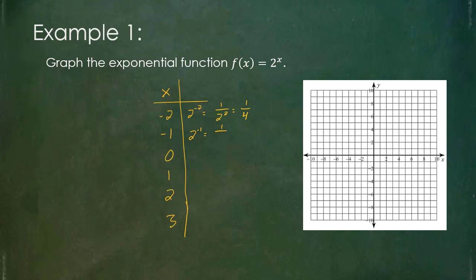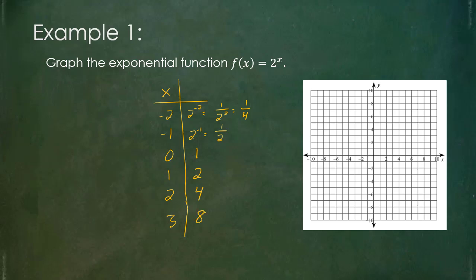Again, because of the negative exponent, it would drop to the denominator and become 2 to the positive 1, which would just be 1 over 2. Third one here, anything to a power of 0 will always equal 1, so that one's relatively easy. 2 to a power of 1 would just stay the same, so that's going to stay at 2. 2 to a power of 2 is 2 squared, so that would be 4. And 2 to a power of 3, that would be 2 cubed, so 8.